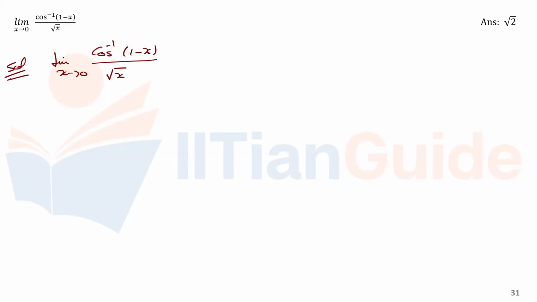I can write the numerator as pi by 2 minus sin inverse of 1 minus x. But in the denominator, I have root x. We have the formula sin inverse x by x, that is 1, but we have different terms. We are having sin inverse of (1 minus x) upon root x. So I have a choice.